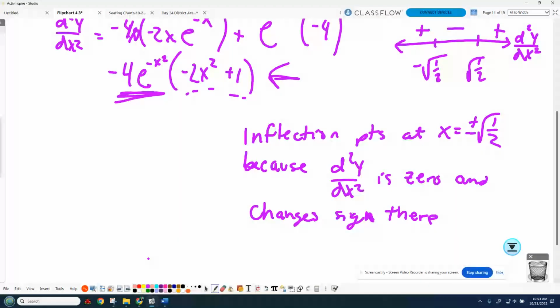The second derivative is 0 there and it changes sign. So that's the justification. That's the justification. And we'd have to write that all out, pretty much. Okay. You can use B/C for because.